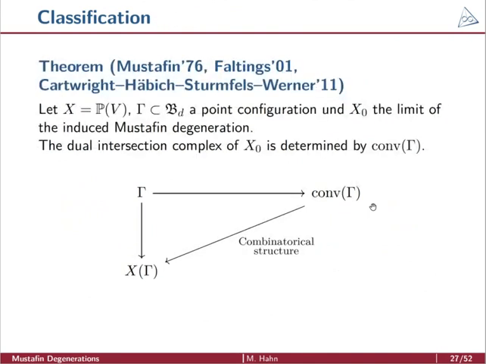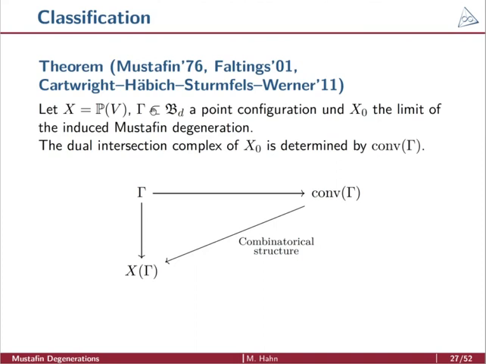And of course, the idea is that this convex hull should know something about the Mustafin degeneration of the projective variety. And this was already observed by Mustafin in his original work. Namely, what he observed was that if we once again look at the Mustafin degeneration of a projective space, and let gamma be a point configuration, X0 the limit of the induced Mustafin degeneration, then the dual intersection complex of the limit of the Mustafin degeneration is determined by convex of gamma.